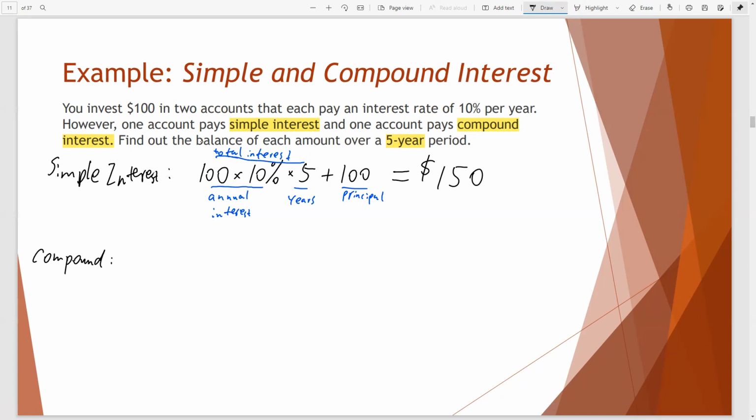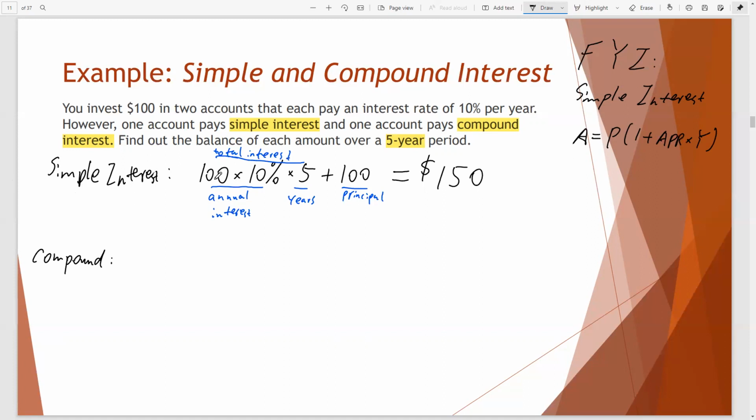If you want to know the formula, it will be short. For simple interest, the accumulated balance will be principal times 1 plus rate times years.